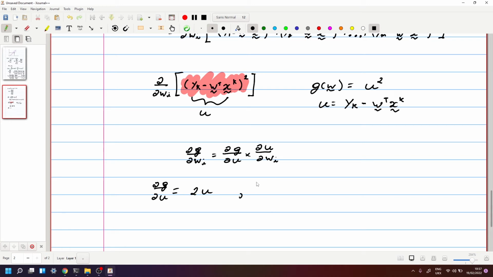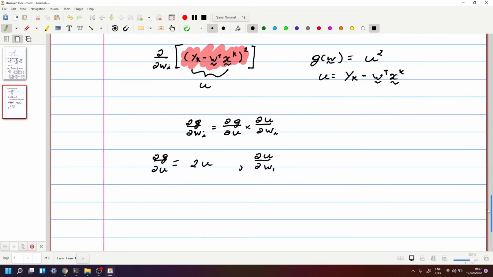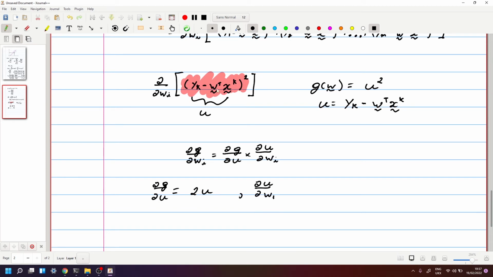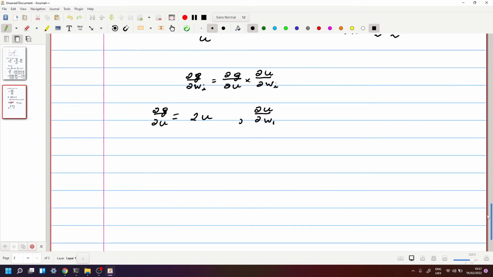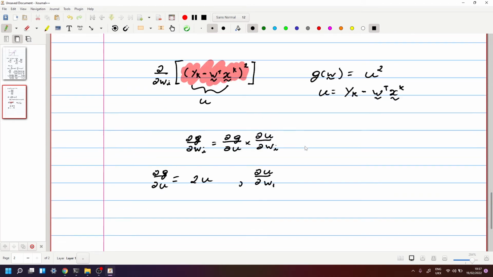The partial derivative of u with respect to wi is a little bit more tricky, because we probably need to expand this bit inside the brackets. So u is equal to yk, and if we expand the vector multiplication out, we get what we had at the very start as a definition of our prediction line, which is w0 plus w1.